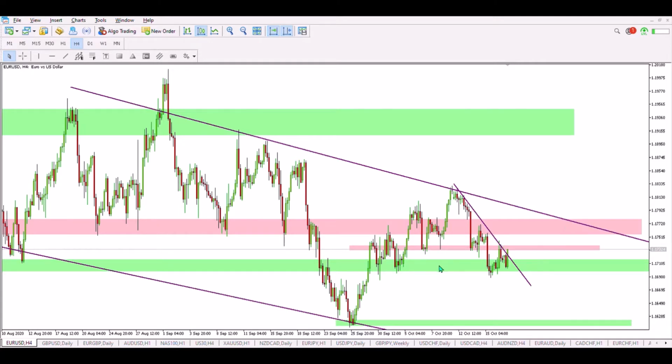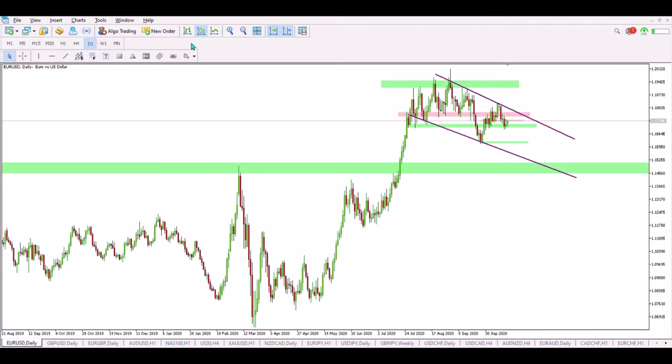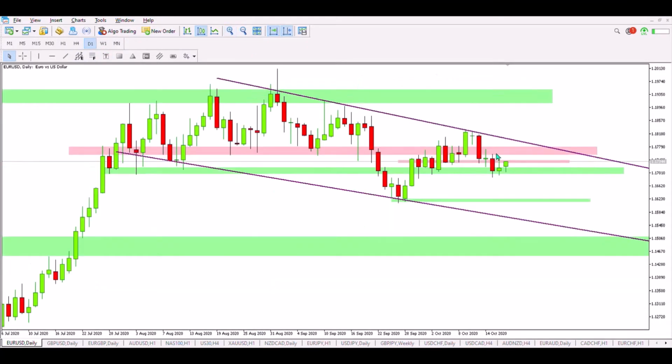Now currently the price is breaking through this trend line, and what I expect we will see this week on this market. Now let's move to the daily again and see this. I'll delete this zone for now and I will leave only these zones.